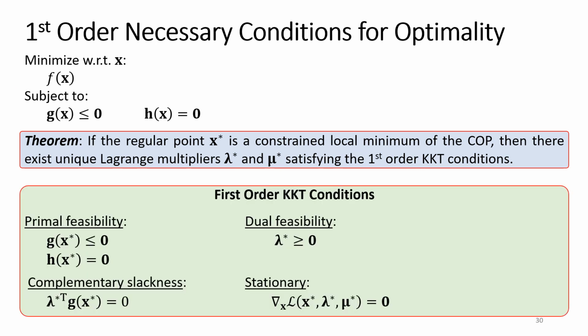What are the first order KKT conditions? The primal feasibility condition, the dual feasibility condition, the complementary slackness condition, and the stationary condition. So the first order KKT conditions are necessary conditions for optimality. They must be satisfied for x star to be a constrained local minimum of the COP.